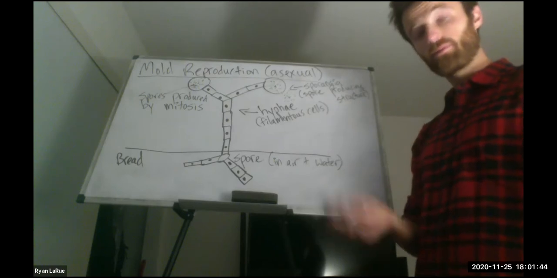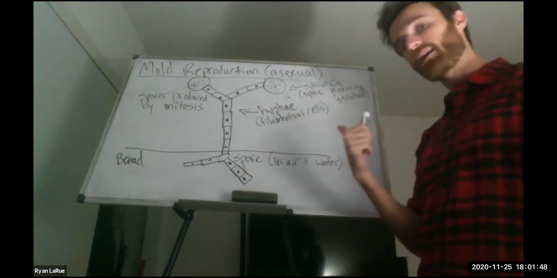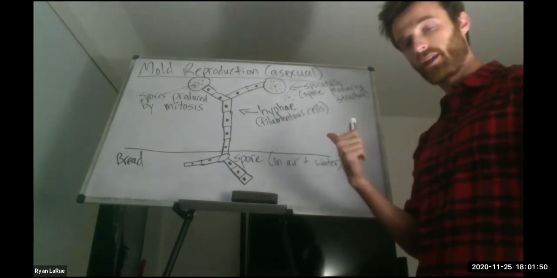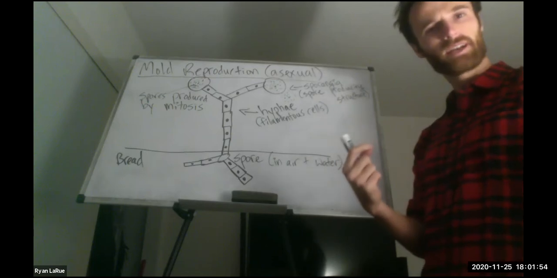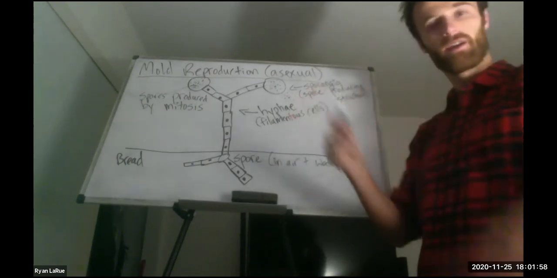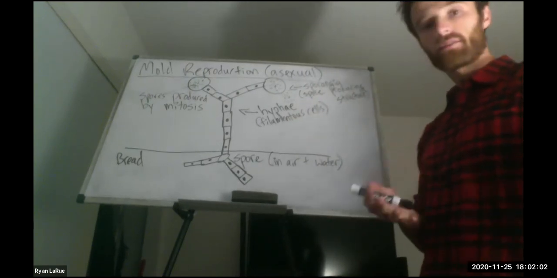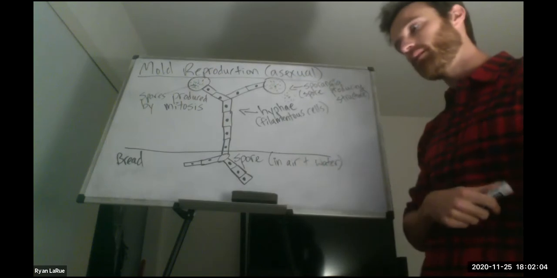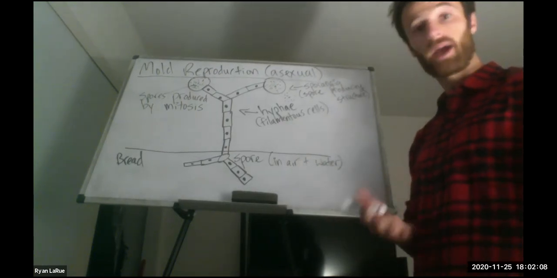So the reason I bring this up is that's why molds thrive in your shower. It's damp. There's water there. You need water to digest the wood and the paint and whatever else it's breaking down in your shower. And then another example is athlete's foot, which is caused by a pathogenic mold.